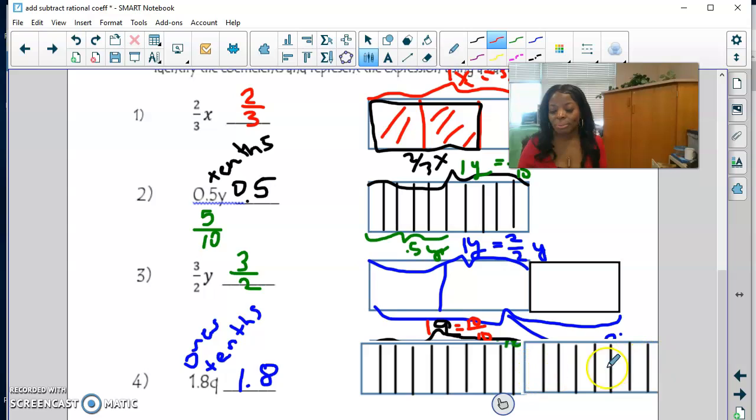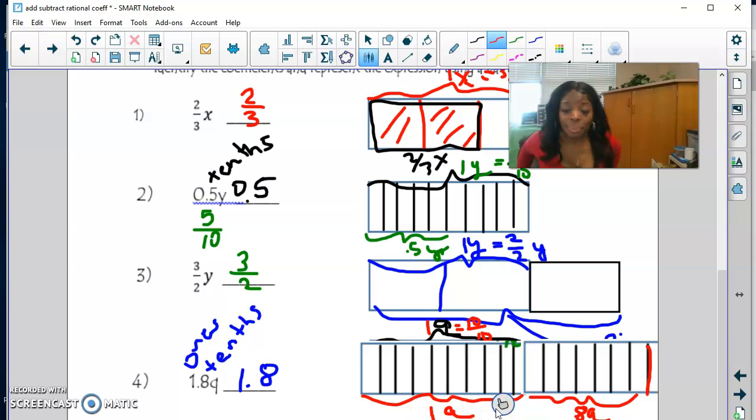You can just do a little bit more than 3/4 of the bar. 1, 2, 3, 4, 5, 6, 7. So after the 7th line, we know that that's 0.8. So that's 8/10 of q plus 1 whole q. You guys understand? A little messy, but I think my mathematicians have it.